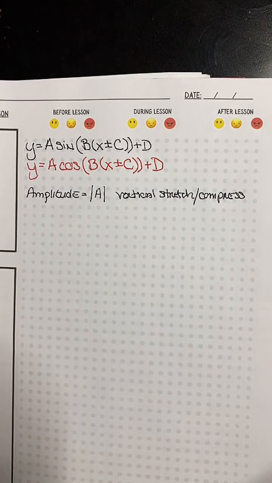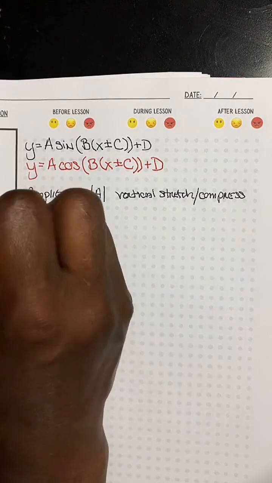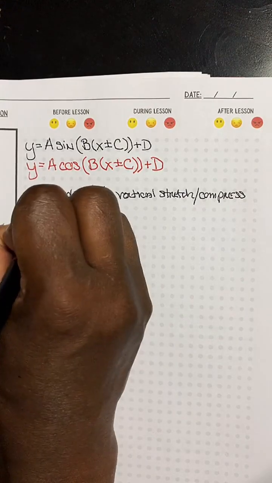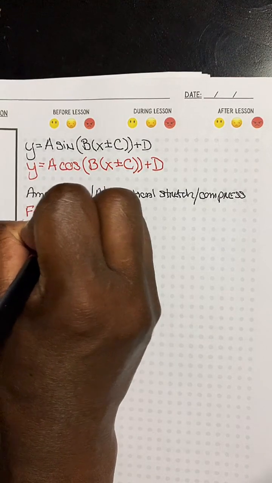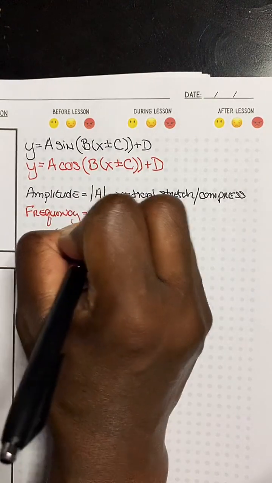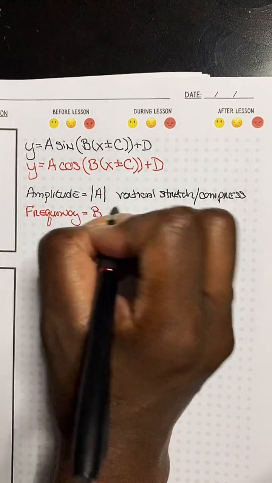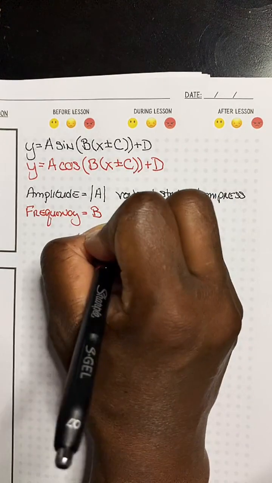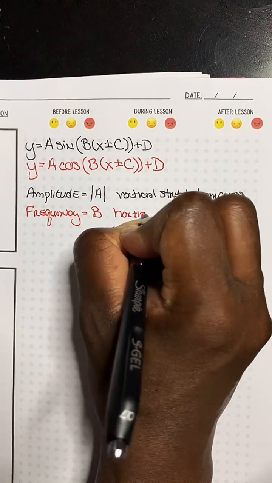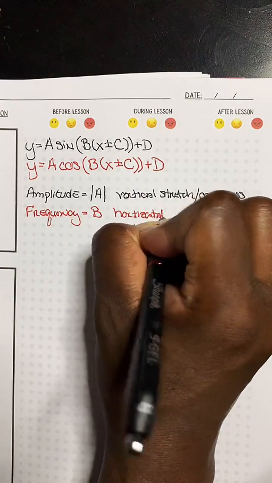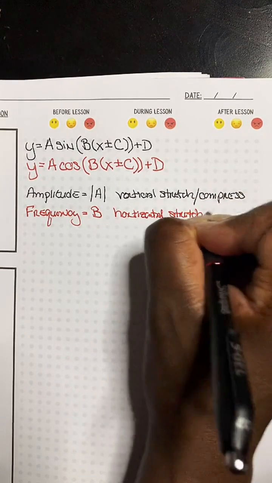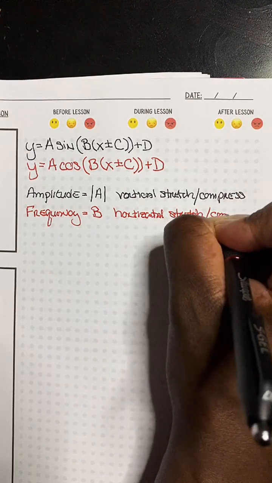Then we're taking a look at the frequency. Now, your frequency is always going to be your B value, but that's going to be your horizontal stretch or compression.